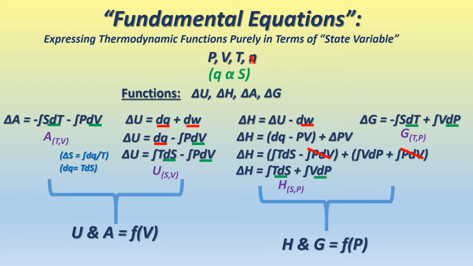Chemical reactions usually occur by mixing two things together, so the volume never stays constant. Hence, the internal energy and the Helmholtz energy don't apply. However, these reactions are usually done in a room under atmospheric pressure, under a constant external pressure. So chemists use enthalpy and the Gibbs free energy.